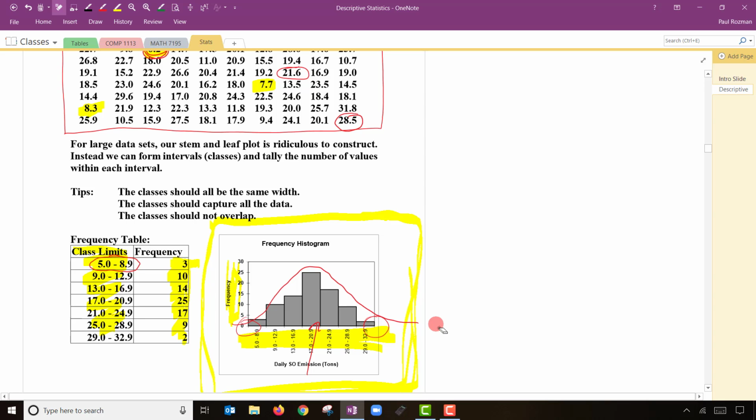So you kind of tweak it until you get what looks nice. One way to do it is maybe to find the maximum value in your data set. The highest value in here is like 32, and the lowest value in the data set was like 6.